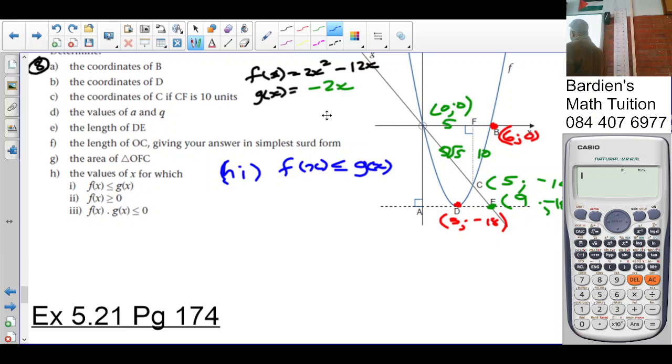Okay, so is the straight line above or below the parabola on this side? It has to be below f of x. From there to there, the parabola is above. Not so here, and then the parabola is again above. Can you see that, people? So is that a continuous or broken solution?